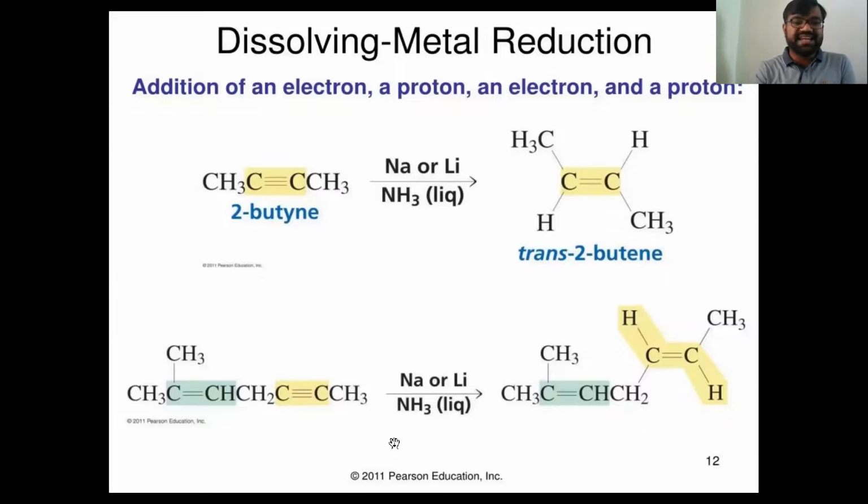If we have a substance like this, which contains an alkene and a carbon-carbon triple bond, it will form 2 carbon-carbon double bonds. So in this way, dissolving metal ammonia reduction can occur.